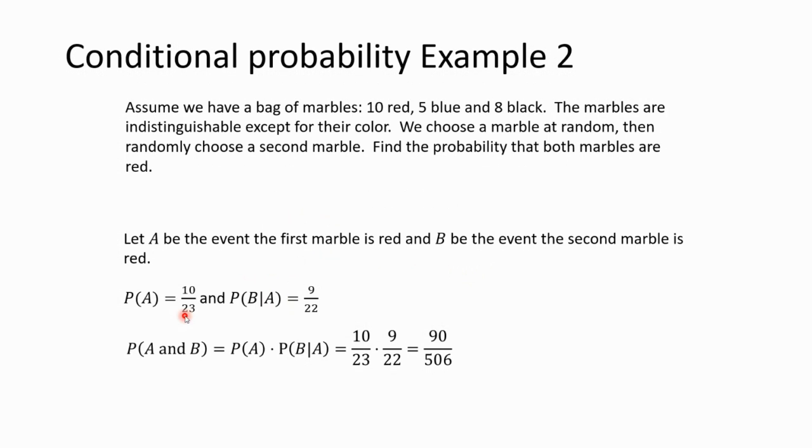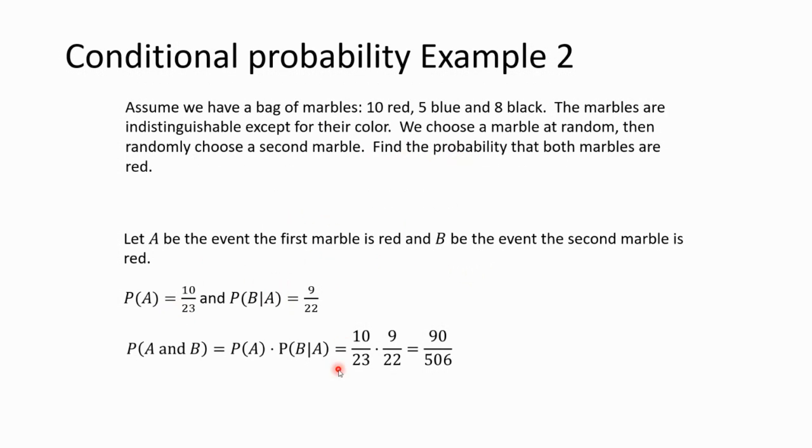There's 10 red marbles in there, so the probability of A is 10 out of 23. And the probability of B given A, meaning that the second marble is red given that the first marble was red, is 9 out of 22.